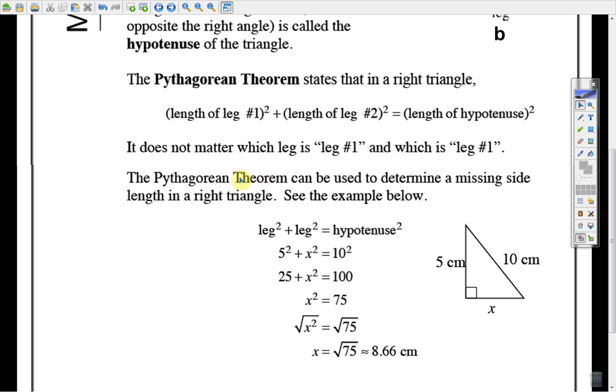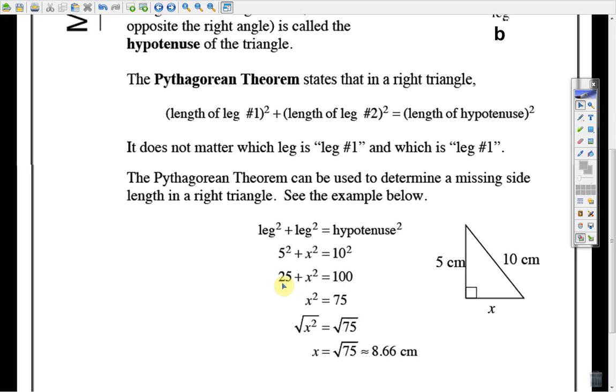The Pythagorean theorem can be used to determine a missing side length in a right triangle. See the example below. If we have leg squared plus leg squared equals hypotenuse squared, that's 5 squared plus x squared equals 10 squared. So we're going to square our two smaller sides, add them together, and that'll equal the square of the hypotenuse. 5 squared plus x squared equals 10 squared is 25 plus x squared equals 100.